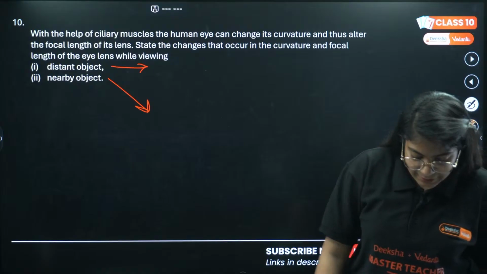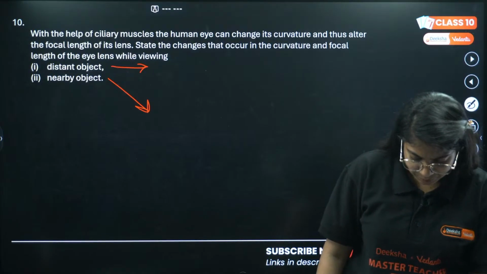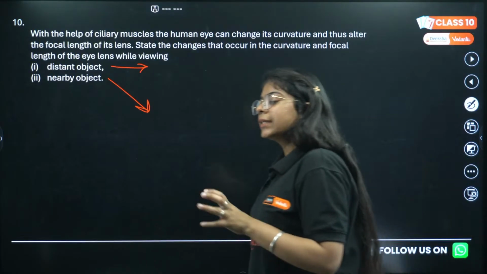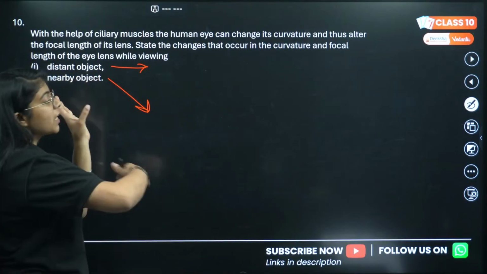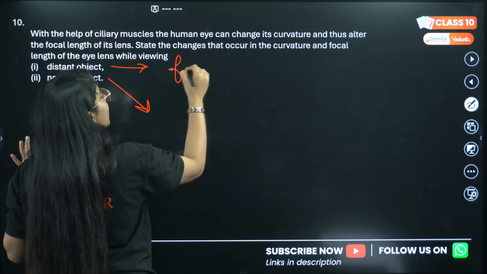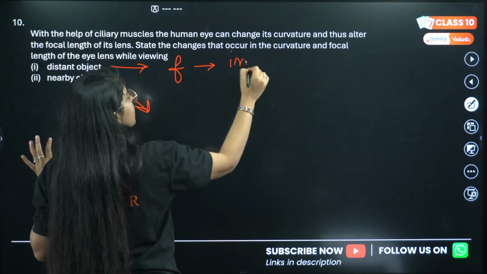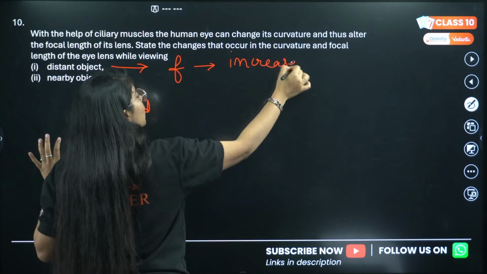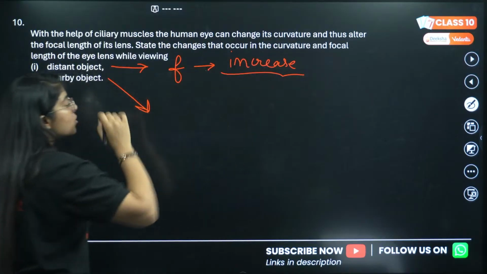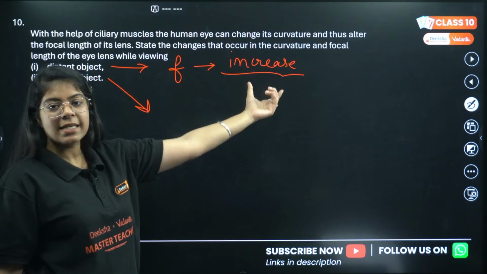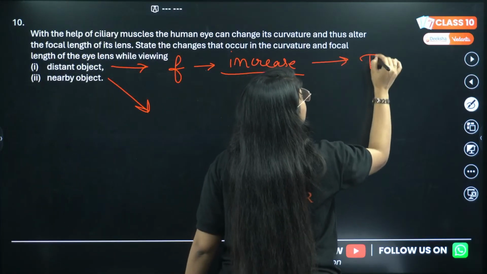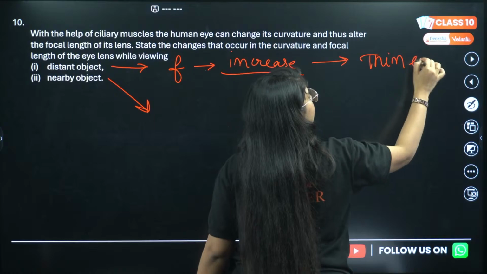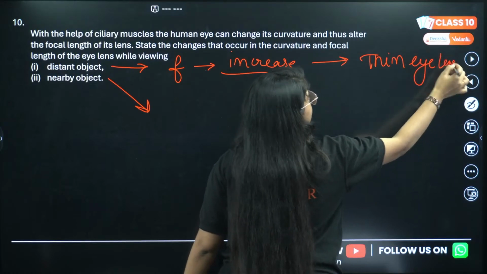For distant objects, just remember, if the object distance increases, focal length will also increase. Correct? For distant objects, object distance is more, so focal length increases, and when focal length increases, the eye lens becomes thin. Correct? That is a thin eye lens.